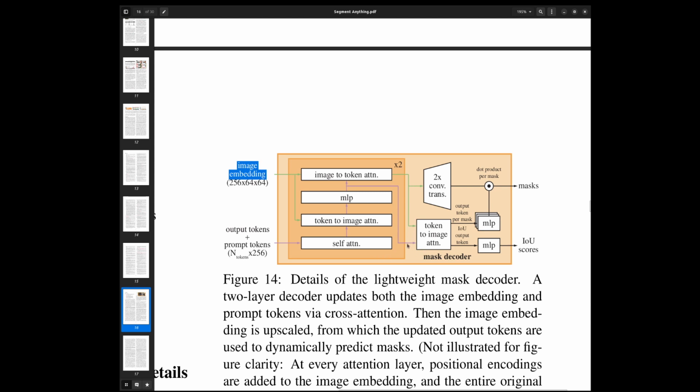The only thing that we'll have here are the output tokens that are not sent from the user. So if you don't have the prompt tokens, this is basically MaskFormer without this IOU score. It's the same thing.